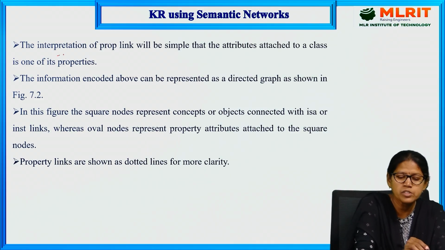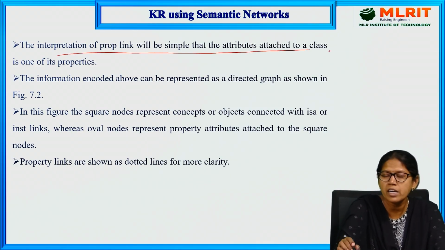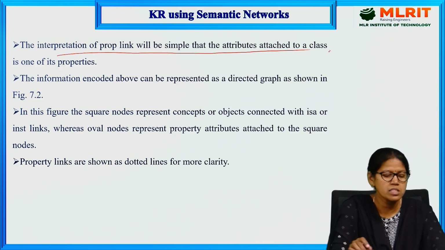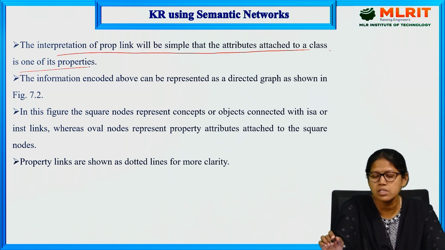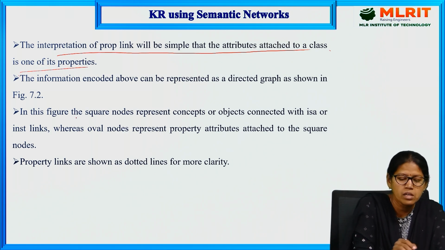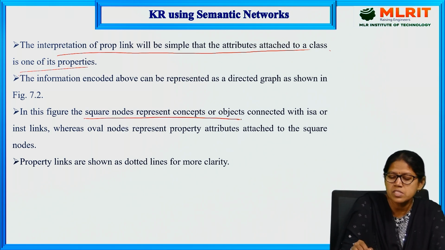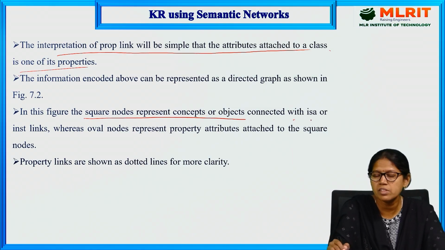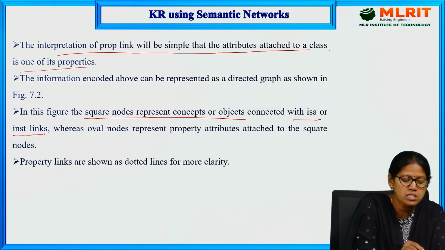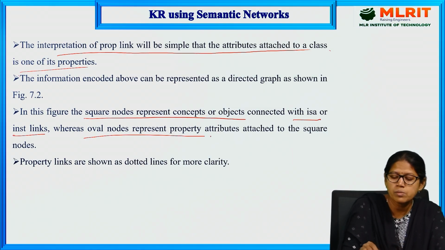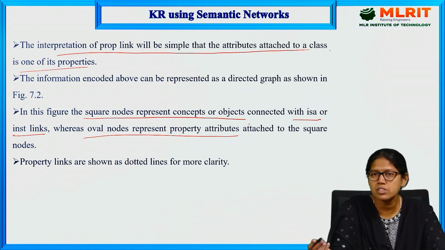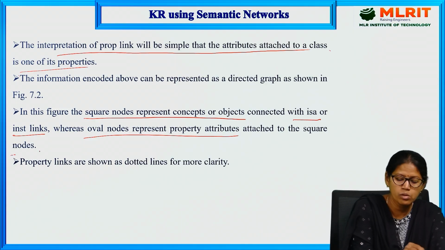The interpretation of the prop link will be simple: the attribute attached to a class is one of its properties. Next, in the above figure, square nodes represent concepts or objects connected with ISA or inst links, whereas oval nodes represent property attributes attached to the square nodes.